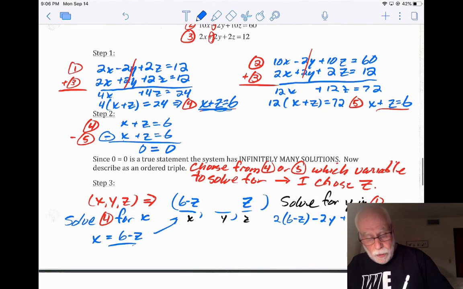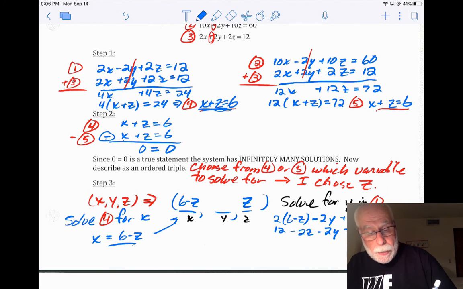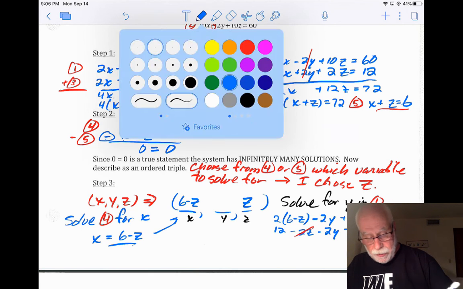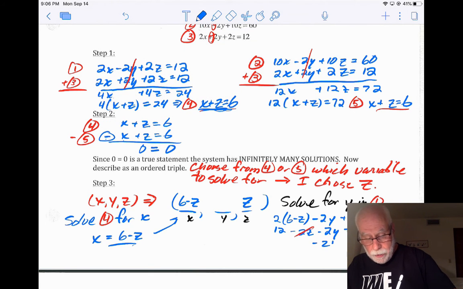So I'll have 12 minus 2z minus 2y plus 2z is equal to 12. Notice I have a minus 2z here and a plus 2z here. They're going to go away. So now I have negative 2y.